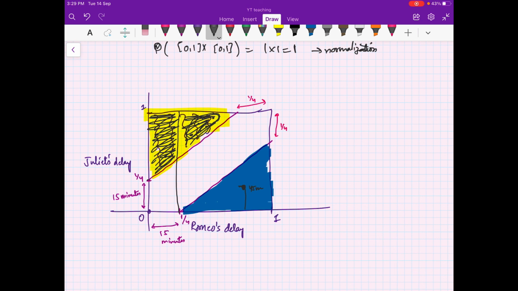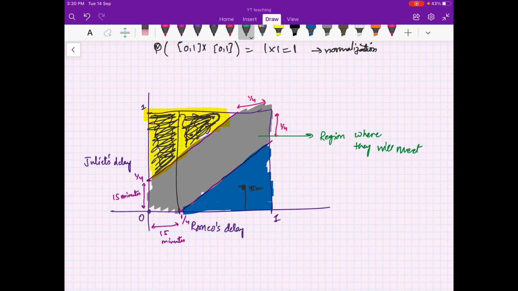So it means that this is the only possible region where they will meet. So if anybody is arriving within this region, then they will meet. So this is the region where they can meet.